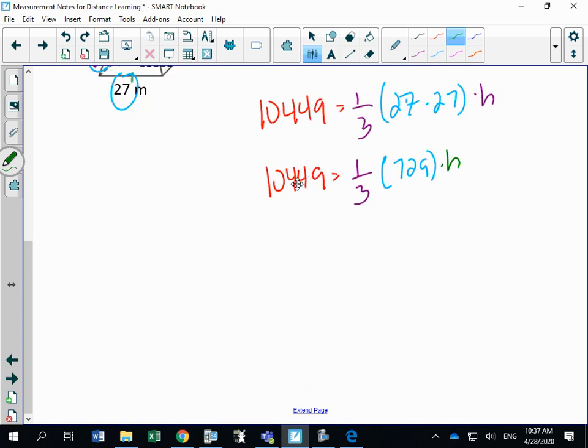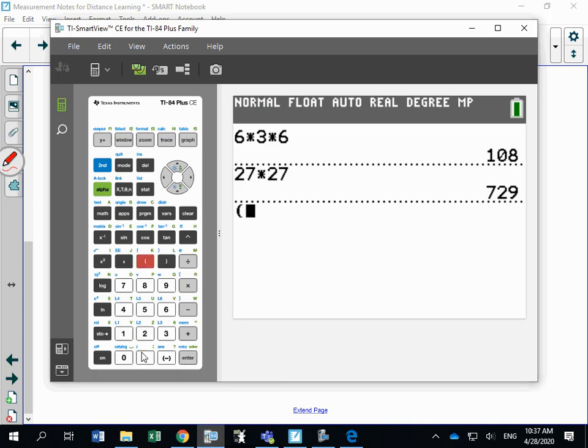So we've got 10,449 is equal to 1/3 times this times height, right? So let's figure out what 1/3 times 729 is. So open bracket, 1/3 times 729. Okay, that's 243.